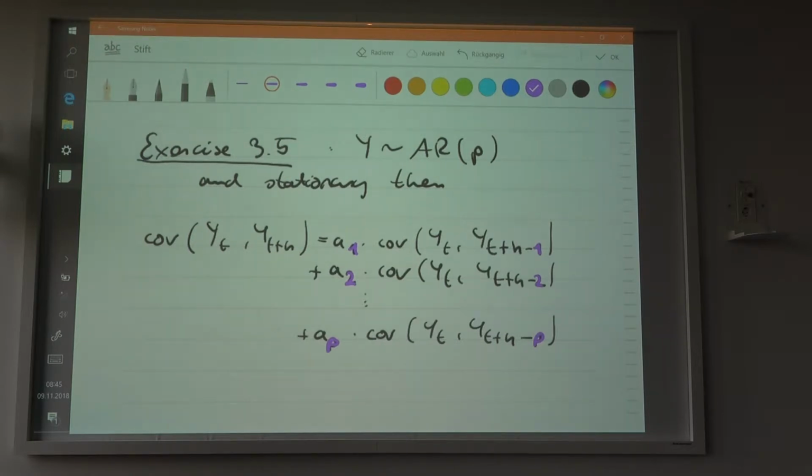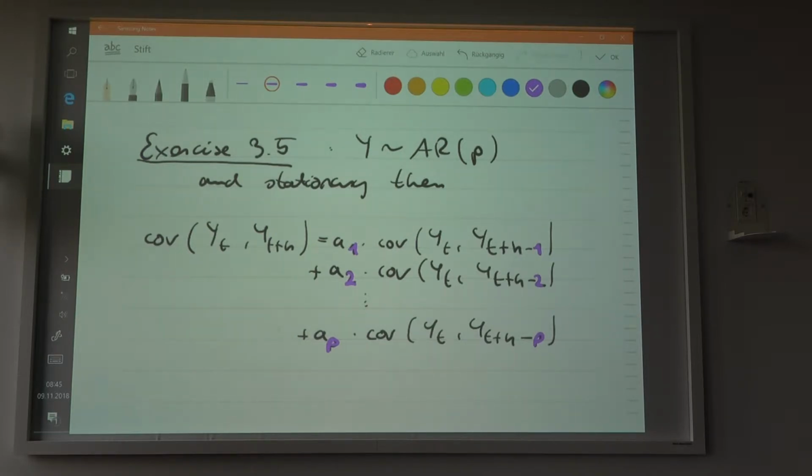Based on that, you can do this with the correlation itself. Because if you divide the covariance by the variance, the process is stationary, so it doesn't depend on time. And for the variance there is no time lag actually. So if you divide this by the variance, then basically you get the same thing for the correlation too. Remember, the correlation is equal to the covariance divided by the product of the standard deviations.